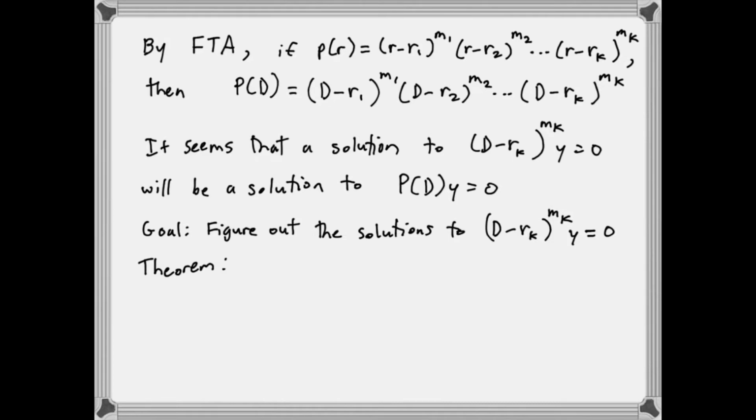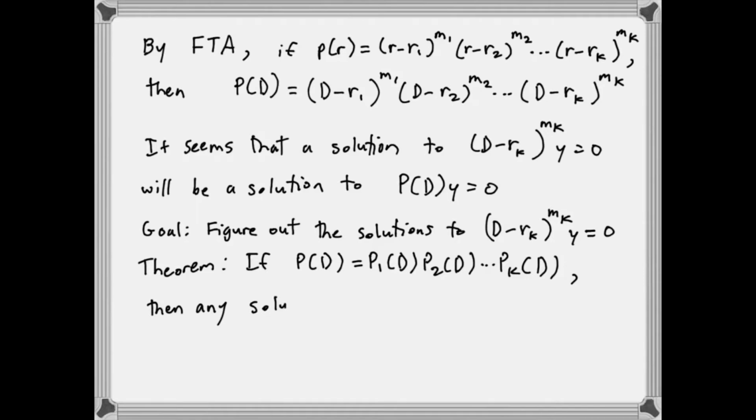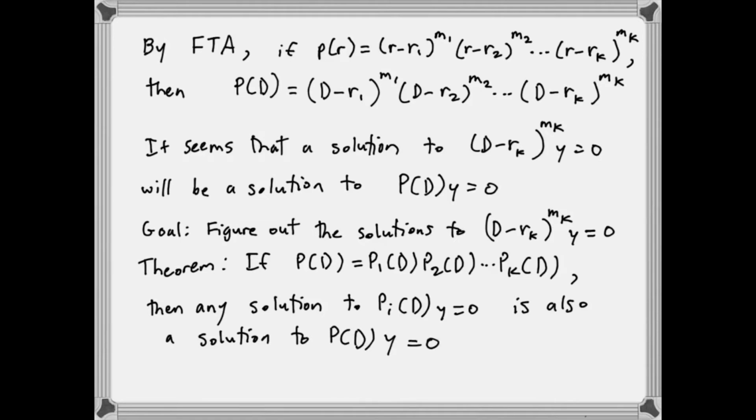The theorem says: if P(D) can be factored into P1(D), P2(D), all the way to Pk(D), then any solution to Pi(D) y = 0 is also a solution to P(D) y = 0.